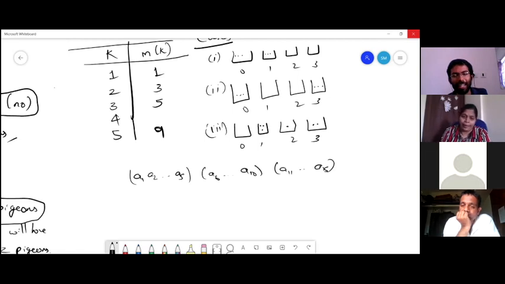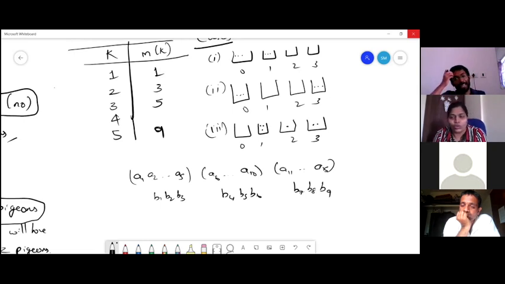Here we have 3 numbers which give a multiple of 3, here also 3, and here also 3. Choosing 2 of these should add up.